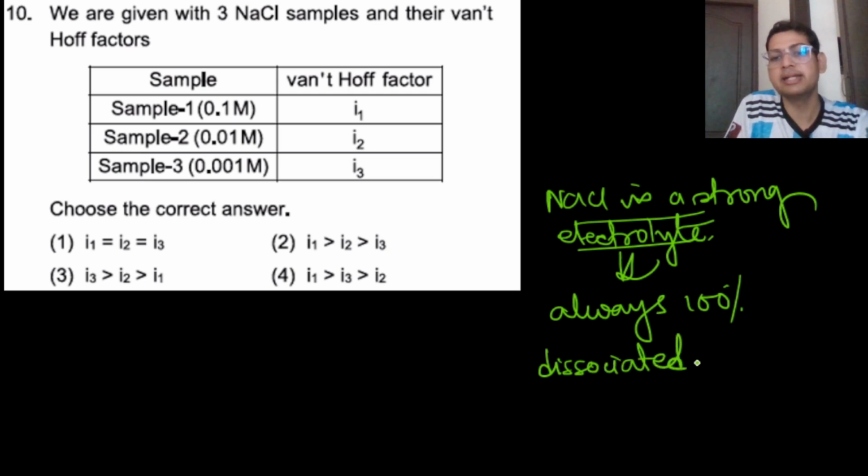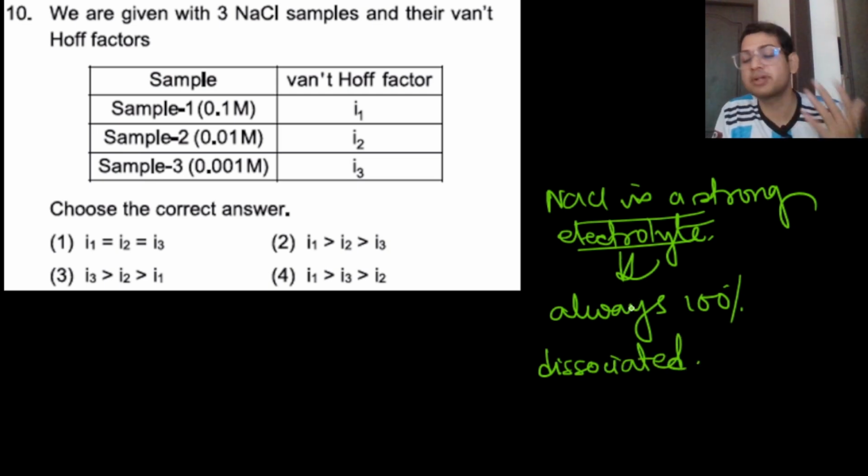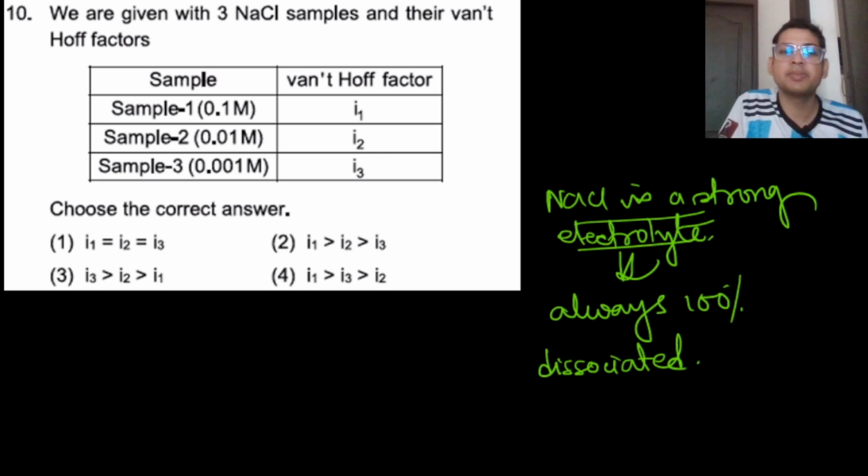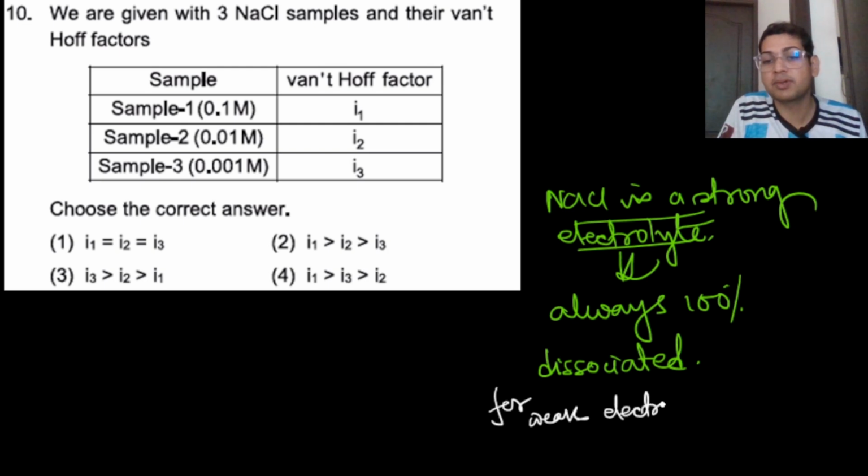That means its dissociation does not depend upon concentration. For whom was it depending upon, sir? For weak electrolyte. For weak electrolyte, you remember from class 11, there was Ostwald dilution law, alpha proportional to 1 by root over C.